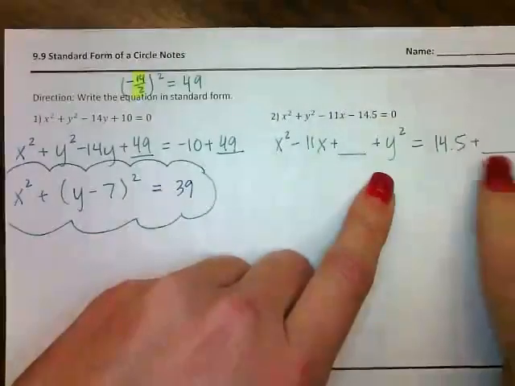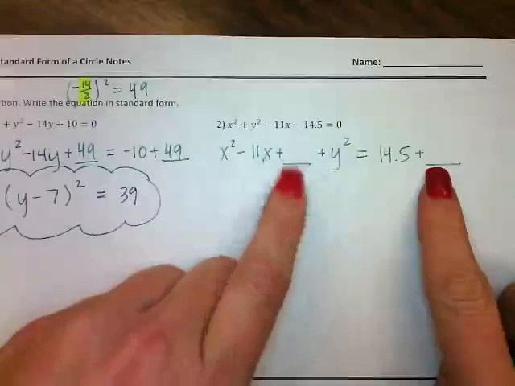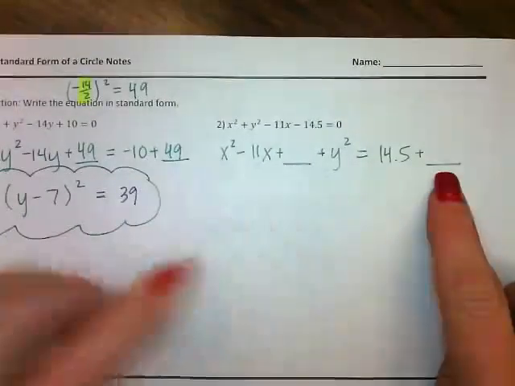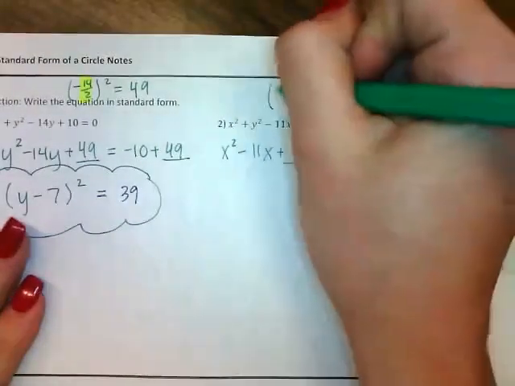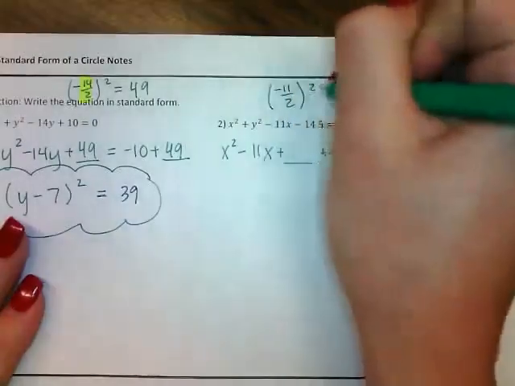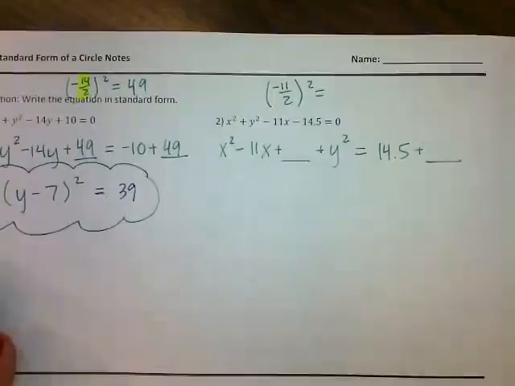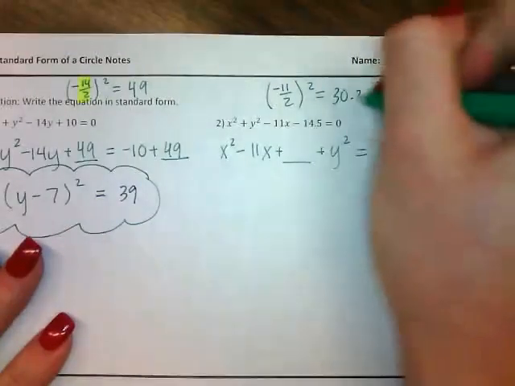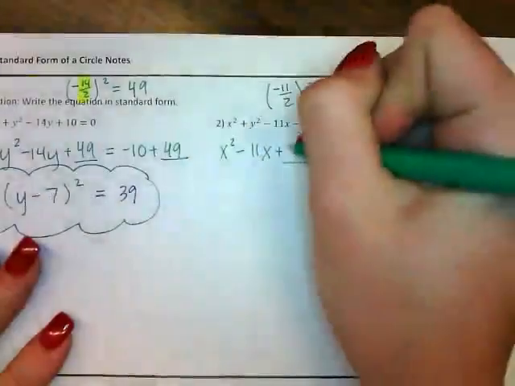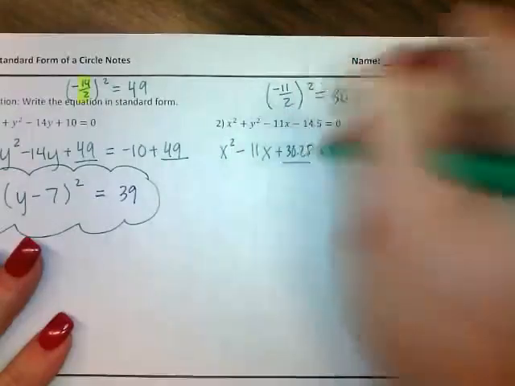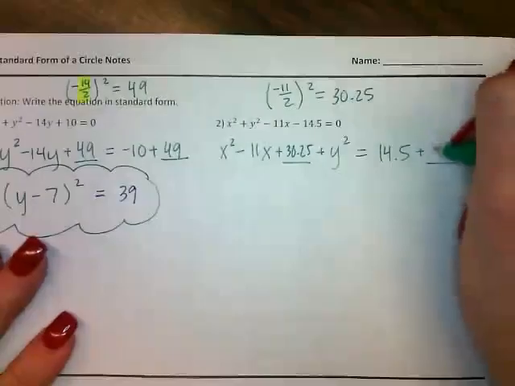And I will leave one blank to remind myself that whatever I add on the left, I need to add on the right. All right, so negative 11 divided by 2 squared. That's going to be, let's see, 30.25. If you wanted to represent that as a fraction, that would be okay as well.